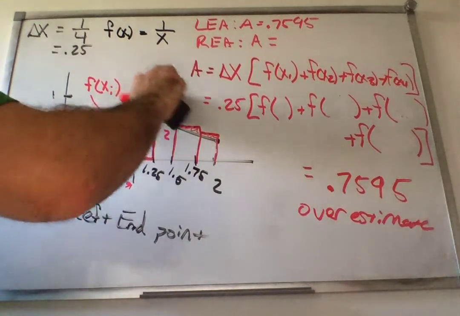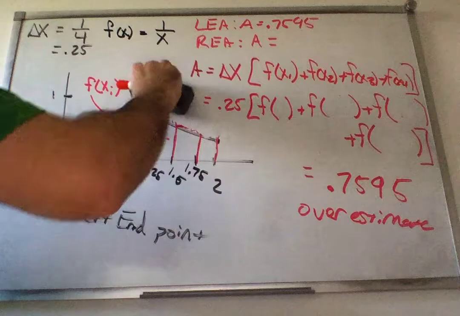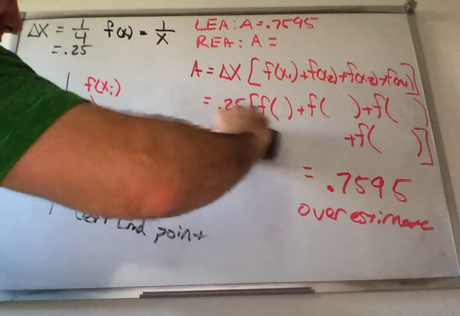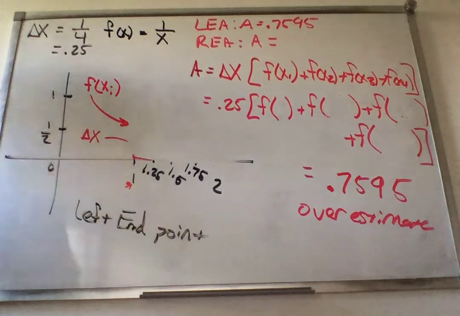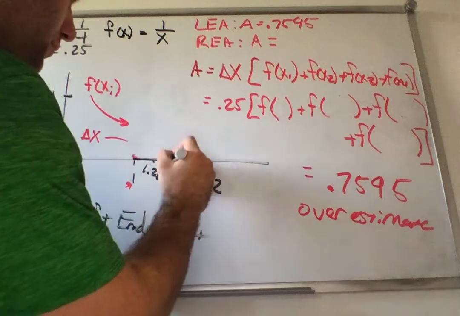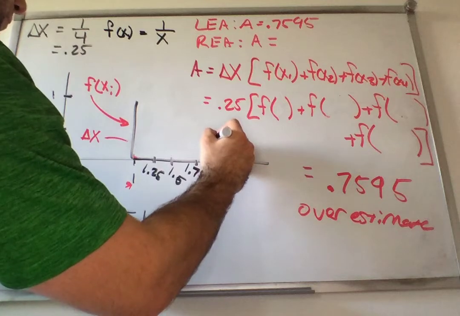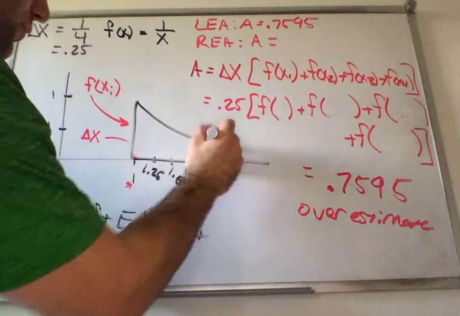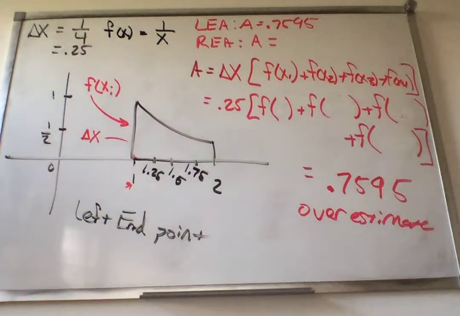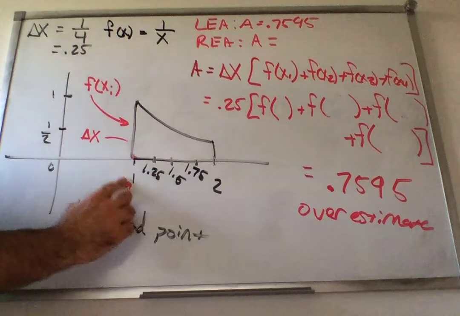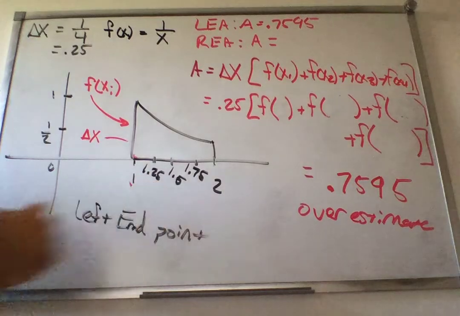Okay, so all we're going to do is draw the rectangles using the right endpoint this time rather than the left endpoint. I'm just going to redraw it. Now when we're looking at this first interval, I want to pick the right endpoint.